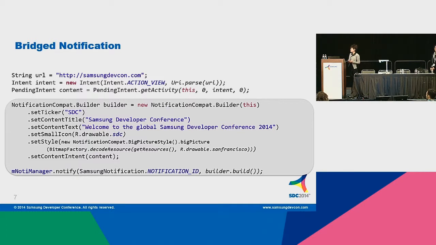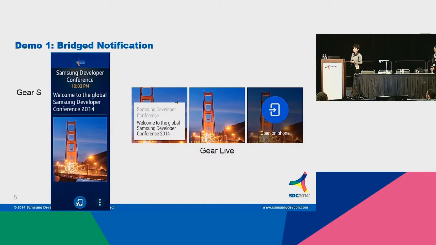At the end, we define our content intent, which is a pending intent. We'll open a browser and redirect the end user to Samsung DevCon page. Once we have our notification, we simply call Notification Manager notify to issue our notification. This is what end user will see on their device side.